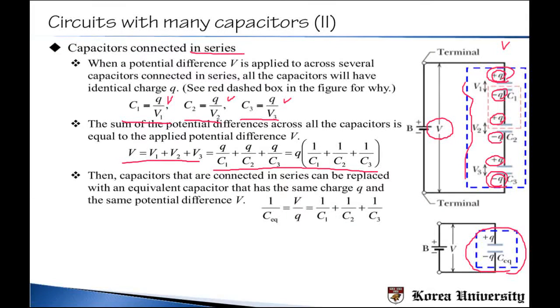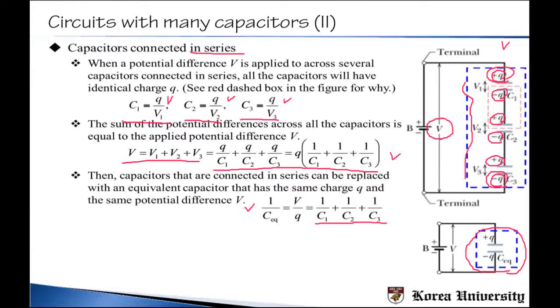So now let's call this capacitance C equivalent, and it will be convenient to write it in inverse form in this particular case. So 1 over C equivalent will be V divided by Q, which is simply an inverse. And then taking the equation from above, you can write that it is equal to the summation of the inverse of each capacitance.